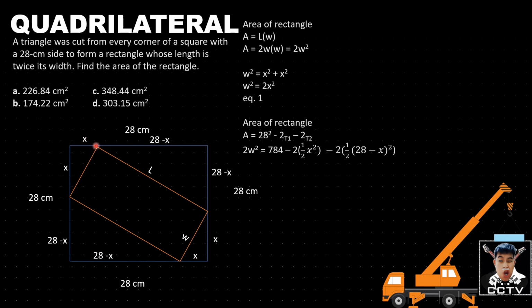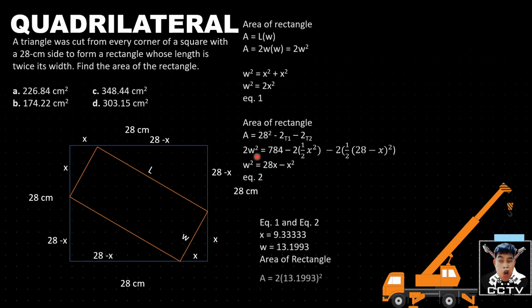And then, yung dalawang triangle naman, which is this one and this one. Minus mo lang yan, makukuha mo yung area ng rectangle. At ito yung lalabas, and that is equation 2. Equation 1 and equation 2, makukuha mo yung x. Makukuha mo na yung w, and makukuha mo na yung area ng rectangle. And that is 384.4430.